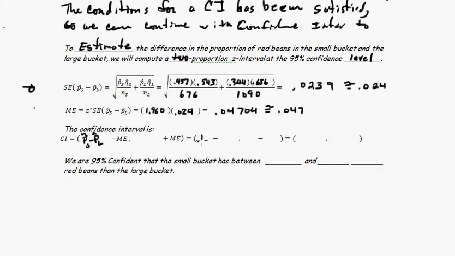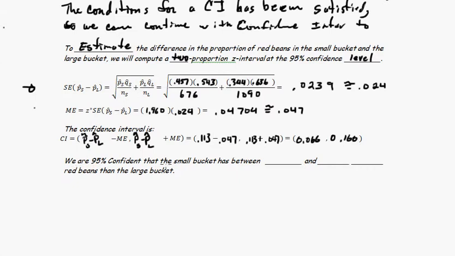So that's 0.113 minus 0.047, and then once again p hat s minus p hat l. That's the observed value. So 0.113 plus, I have a minus right here, it should be plus 0.047. So the results are 0.066 and 0.160.